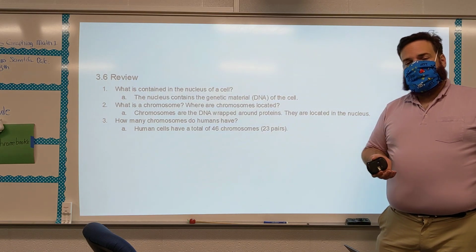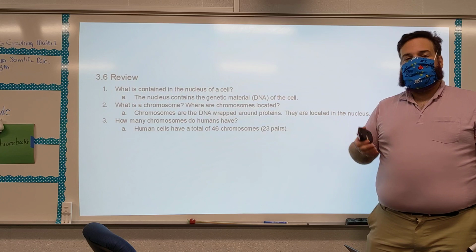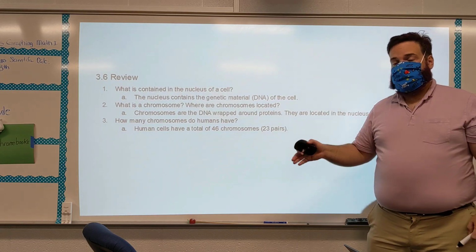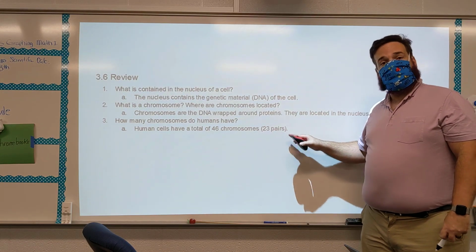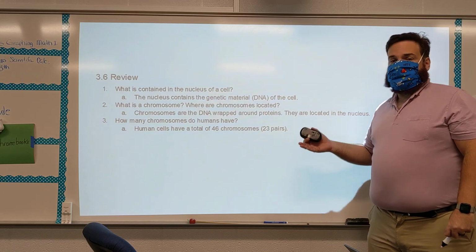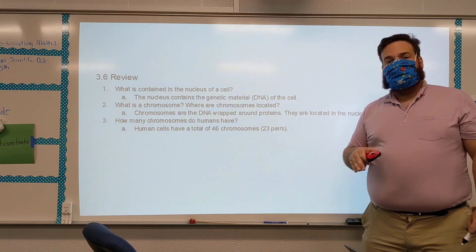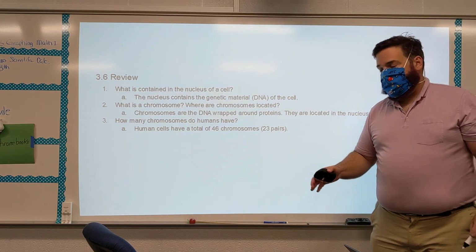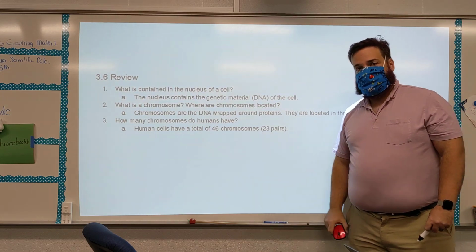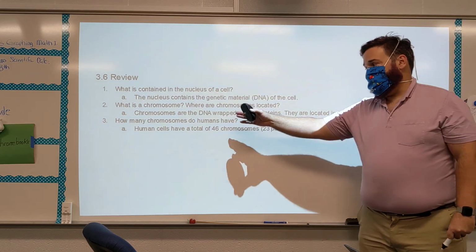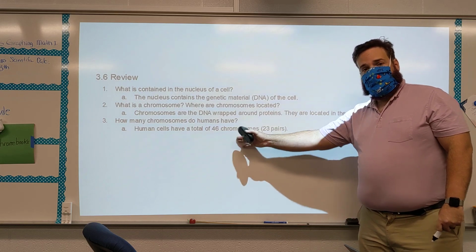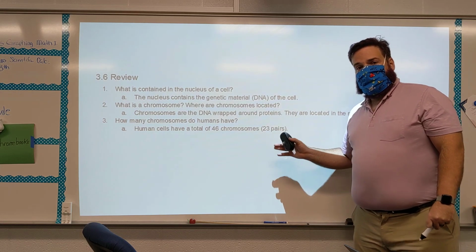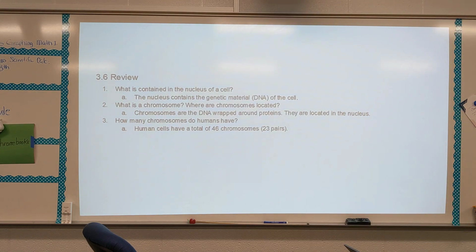So the reason I say be careful is the question says, how many pairs of chromosomes do humans have? The answer is 23. If it says, how many chromosomes in total does a human have? The answer is 46. Okay? If it just says how many chromosomes, either of these are fine. Okay? So just make sure you pay attention to the wording of the question.